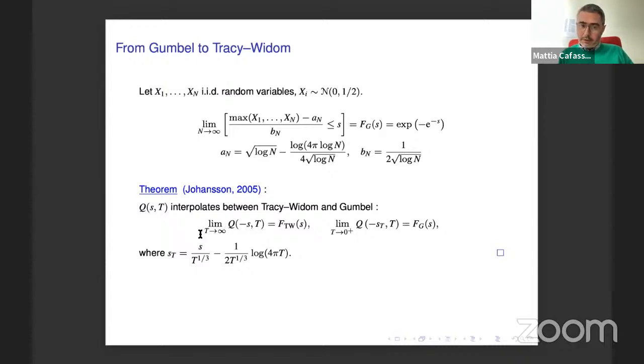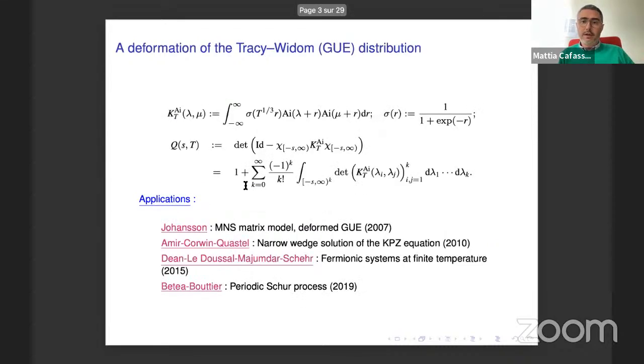This limit in particular is easy to guess, at least heuristically, because if you look at the definition of this kernel, you have this sigma multiplied by t^{1/3} r, and sigma is defined here. If you send t to infinity, this sigma becomes the indicator function of the positive real line, and so you recover the classical Airy kernel. And this is how you see that in the limit for t going to infinity, you get the Tracy-Widom distribution.